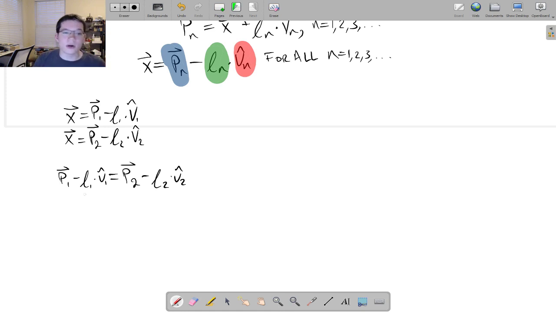But we're going to need L1 and L2, so let's try and solve for them. We get P1 minus P2 equals L1 V1 hat minus L2 V2 hat.